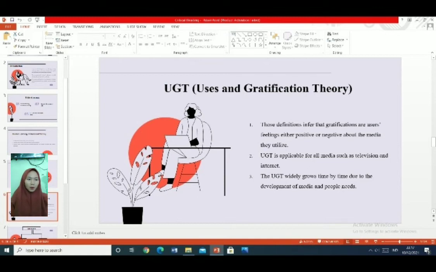The UGT readily grows time by time due to the development of media and people's needs. That means an application can be said to be positive if it is used well, and the media can be said to be negative if we use it badly. Why can UGT be said to be growing so fast? Because there are so many people who need media as learning material.